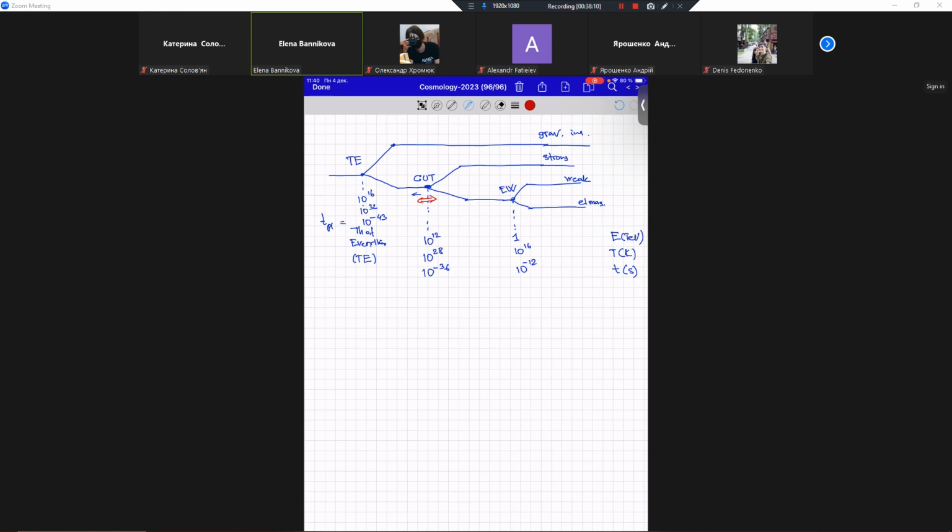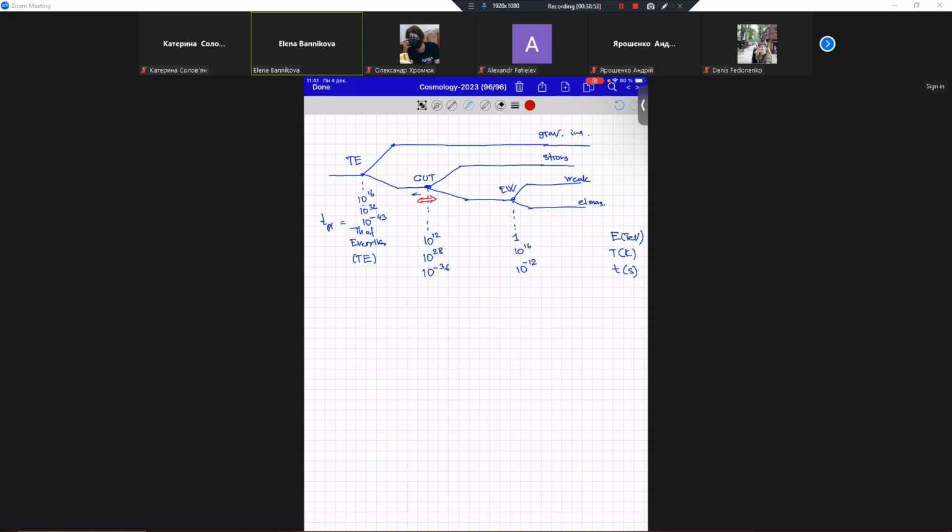Something similar is predicted to exist at the moment when the strong interaction became free. It can be spontaneous symmetry breaking, which can create some special structure.